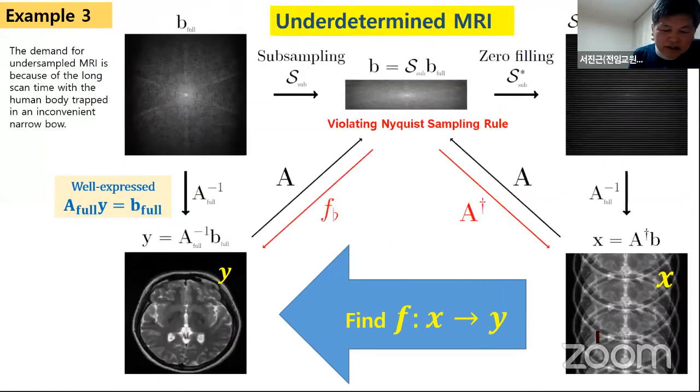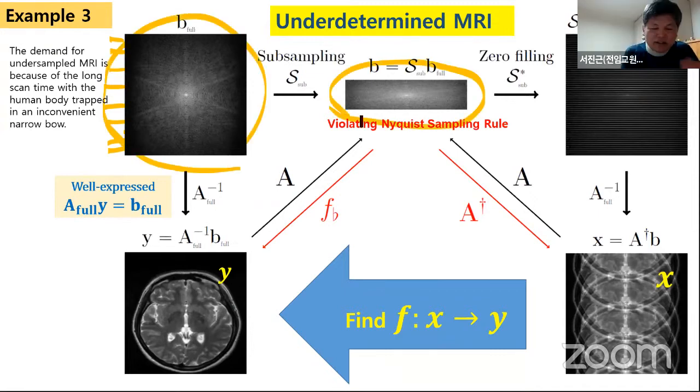In the MRI case, the demand for undersampled MRI is because of the long scan time, with the human body trapped in the inconvenient narrow bore. So scan time depends on the number of phase encoding lines. You try to reduce it.